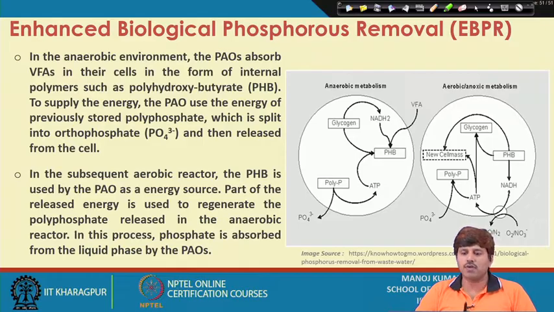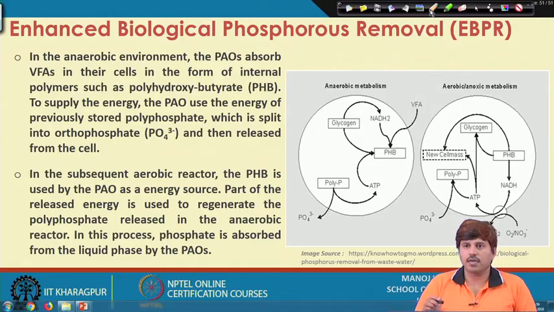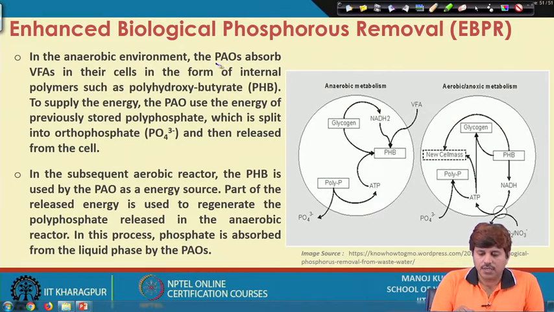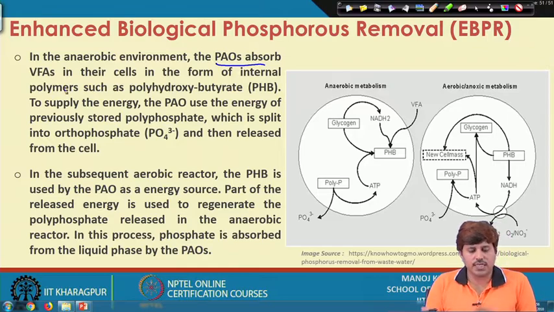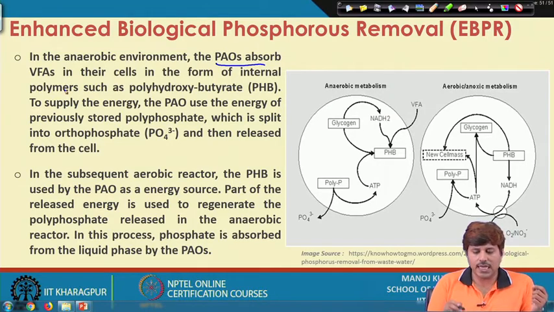So this anaerobic environment helps in the development of those microorganisms. In the anaerobic environment, the PAOs absorb these VFAs in their cells, in the form of an internal polymer such as PHBs.